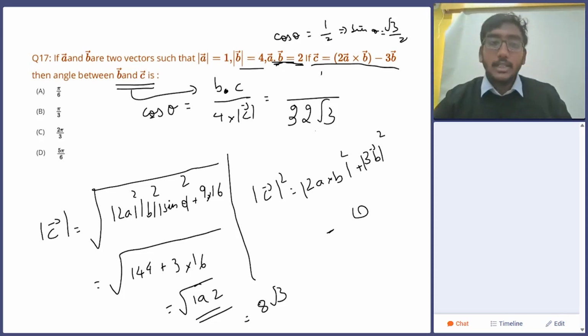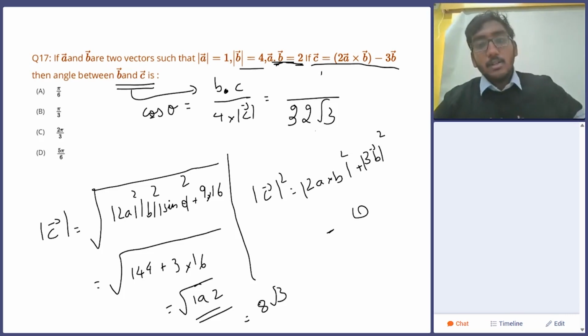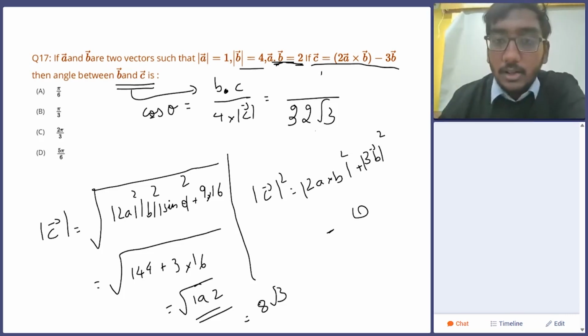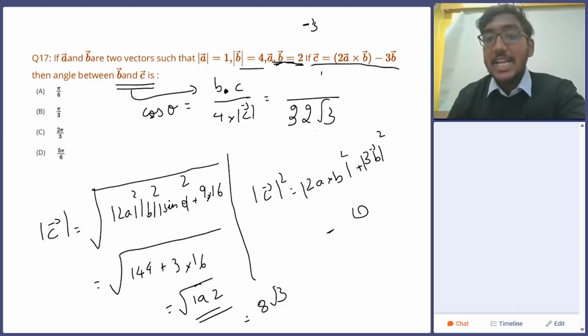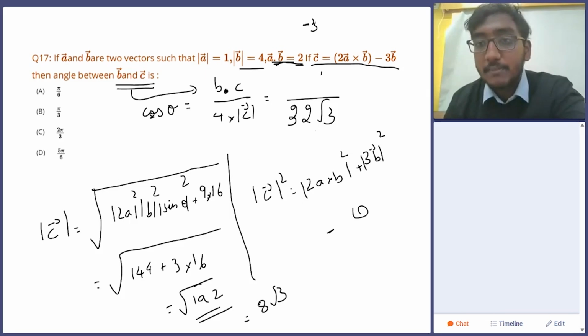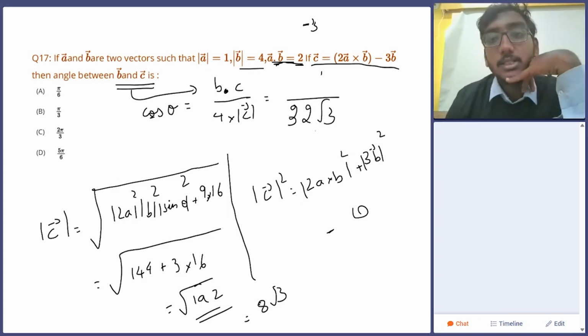And what about B dot C? You have to take the dot product with B. The first term will be purely 0. It will be just minus 3 into B square. Why? Because A cross B is perpendicular to both A as well as B. When you take the dot product with B, the value will become 0. Okay, just consider this dot product.